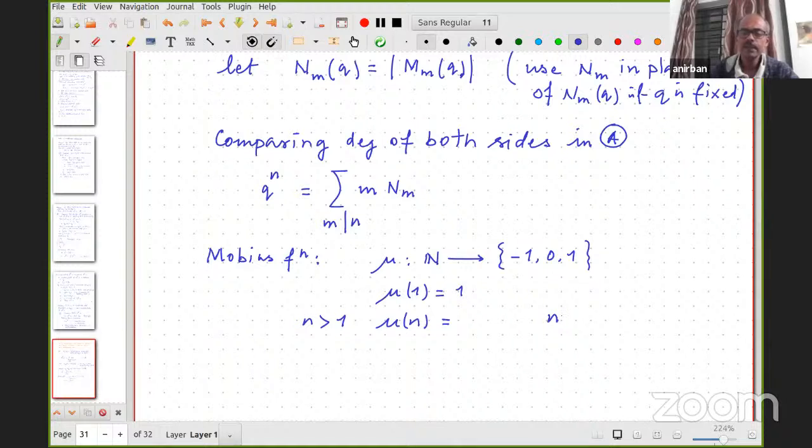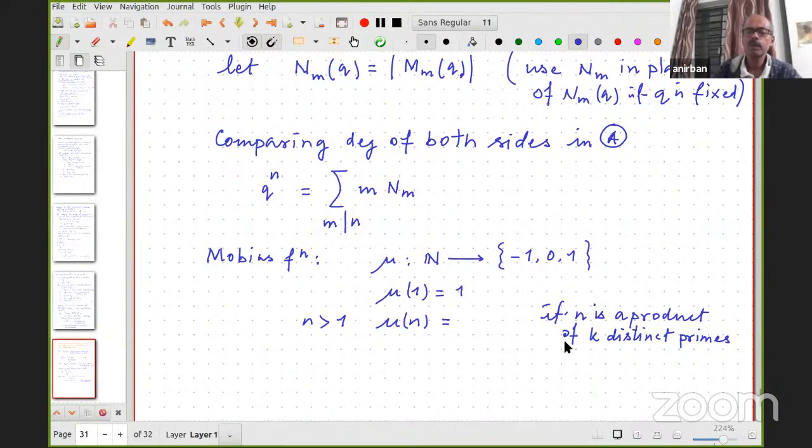so if you factorize n, if n is a product of k distinct primes, so distinct is important, then mu of n is (-1) to the k, and it is 0 otherwise.